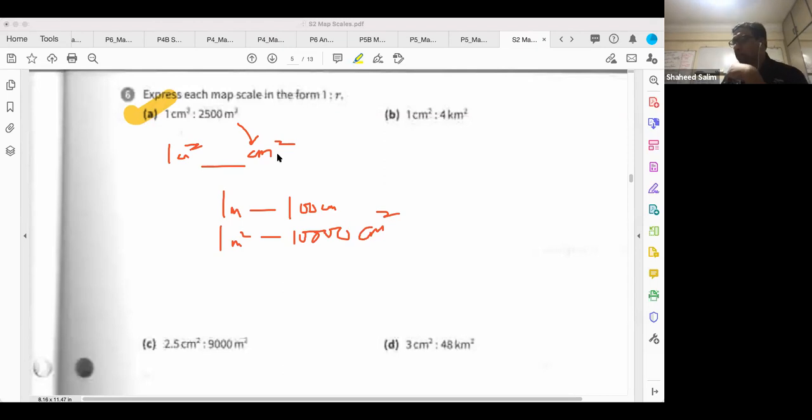So this one is how? So we cannot see square curve. Sorry, if it's cube, that means the whole thing is haywire.